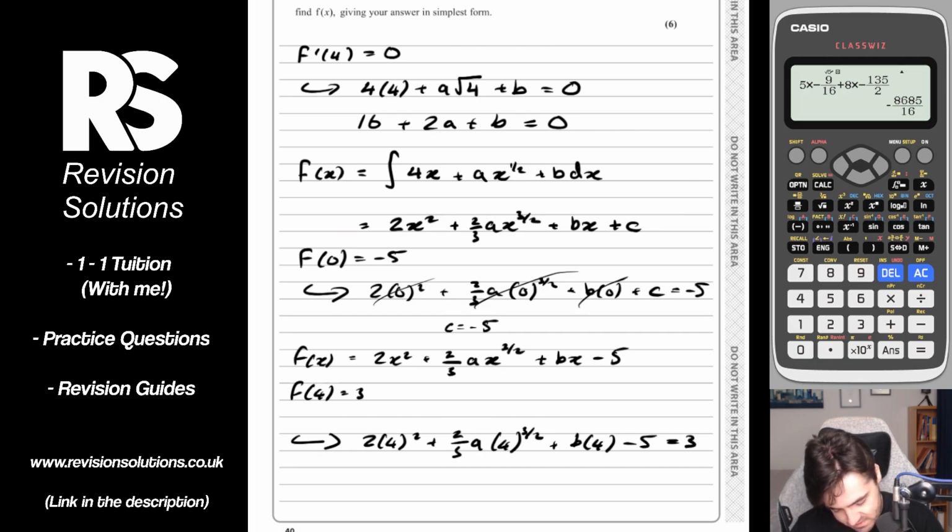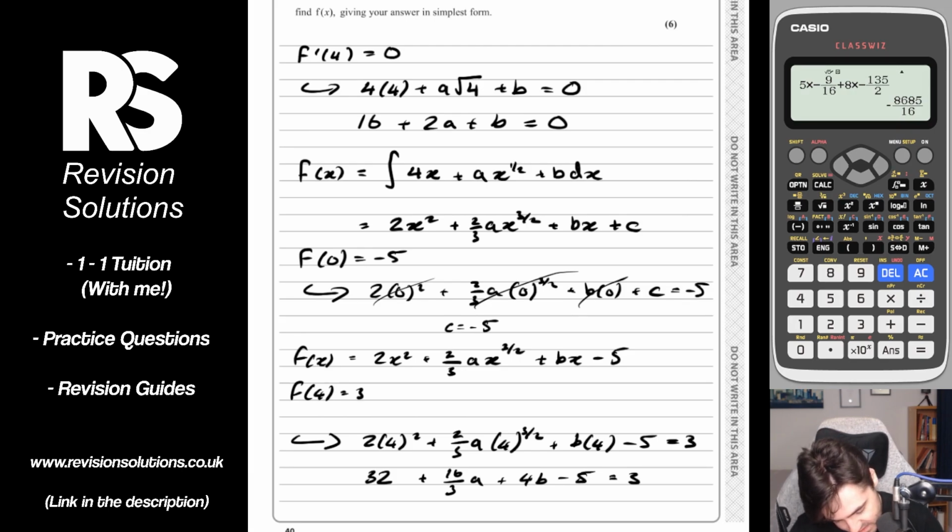If we simplify that down, 4 squared is 16, 2 times 16 is 32, so that's 32. Then 4 to the 3 over 2, we could write that as the square root of 4 cubed. So the square root of 4 is 2, 2 cubed is 8. So it would be 8 times 2/3, so we'll say that's 16 over 3, a. And then we have plus 4b minus 5 equals 3.